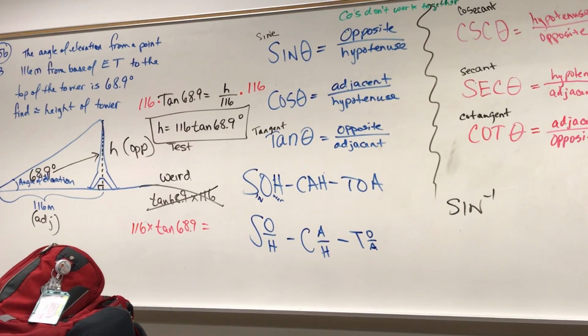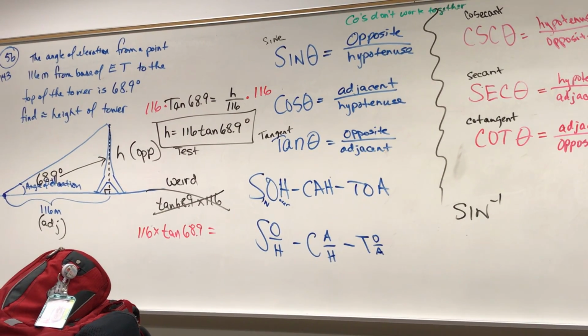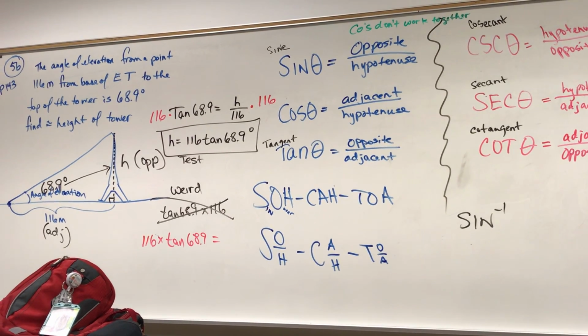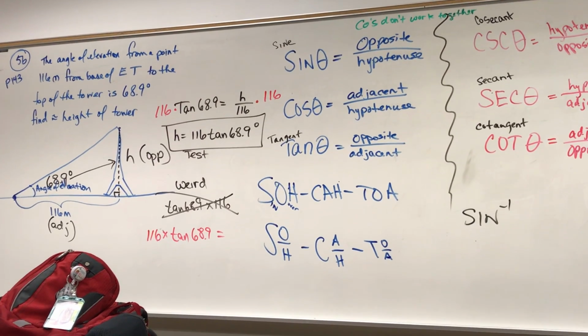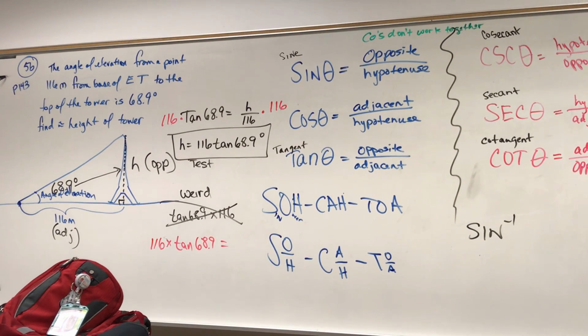Unless you've changed your calculator out of degree mode, it probably is in degrees, but it could be in radians. We don't want radians because our angle is in degrees. Or 116 times the tangent of 68.9.